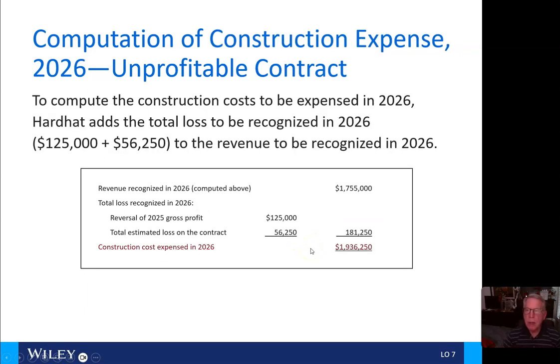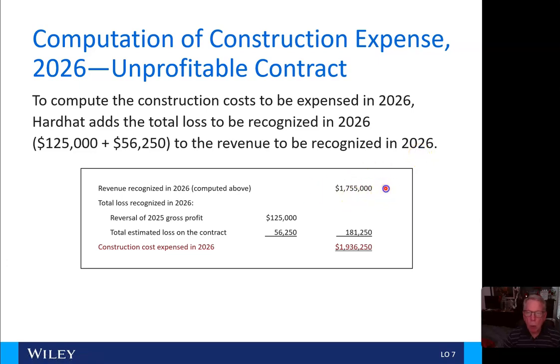All right. Now, to compute the construction cost to be expensed in 2026, Hard Hat adds the total loss to be recognized in 2026, which we did earlier, to the revenue to be recognized in 2026.